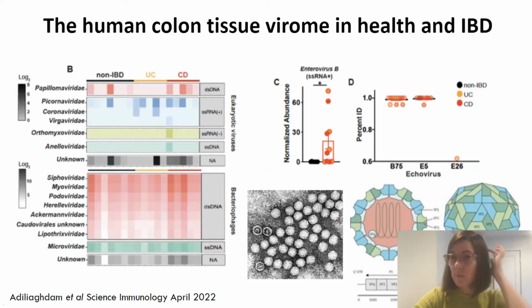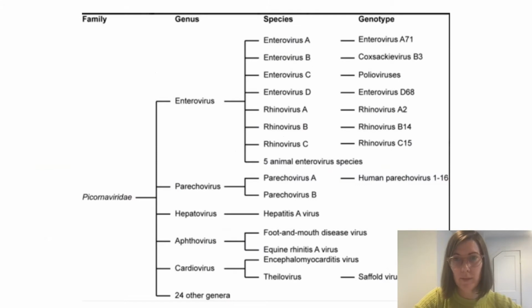As a reminder, picornaviruses are single-stranded, positive-sense RNA viruses, about 7,500 base pairs in length, and generally thought to be sensed by MDA5 in some preferential manner, although they can be sensed by other sensors.